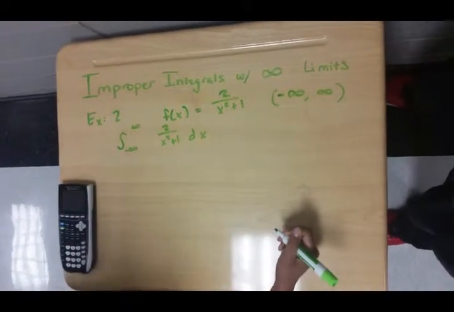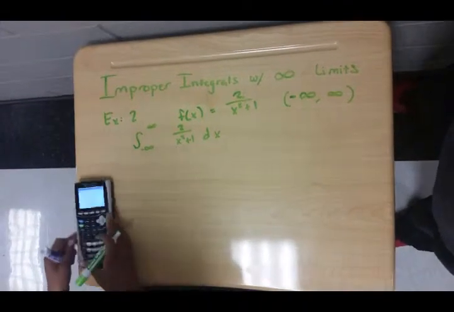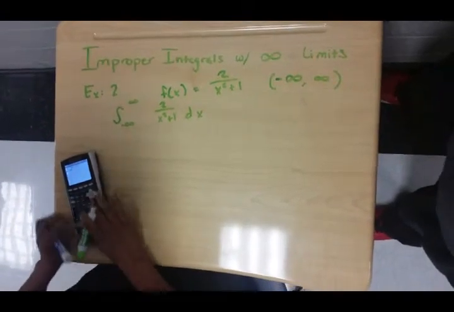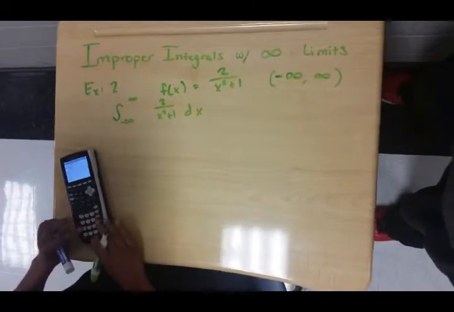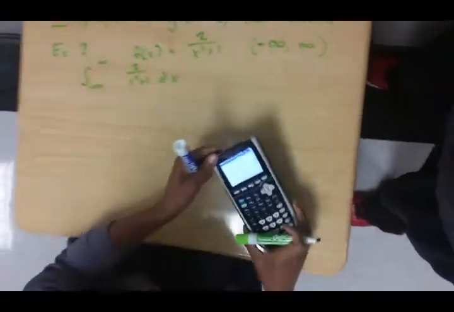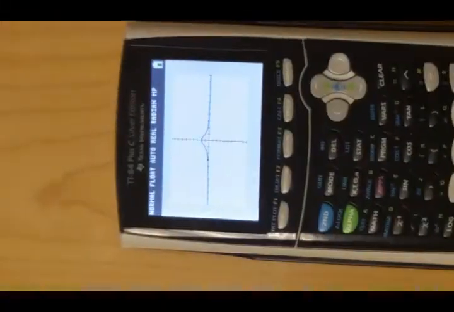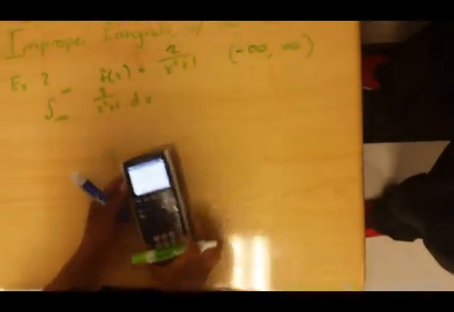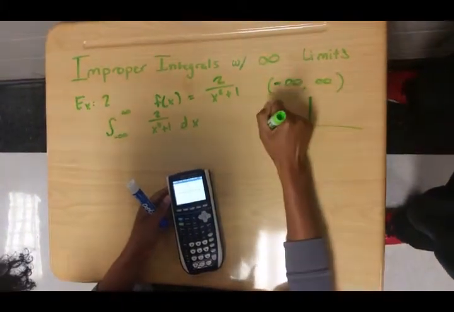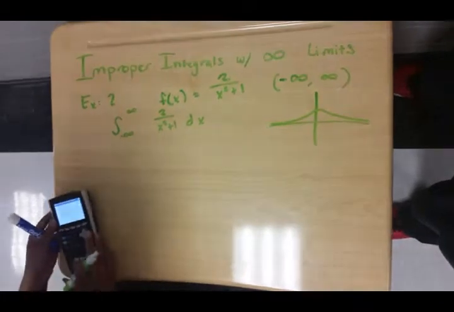Actually, I'm going to go ahead and graph it. And the graph looks something like this. That's actually similar to what we did before. So I'm going to draw the picture right here so you know what it looks like.